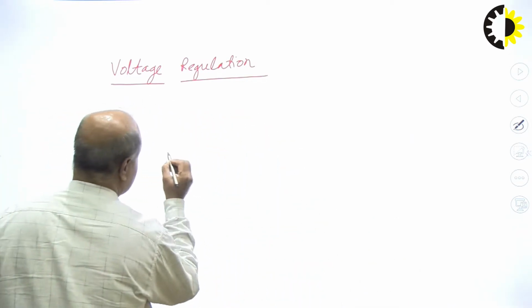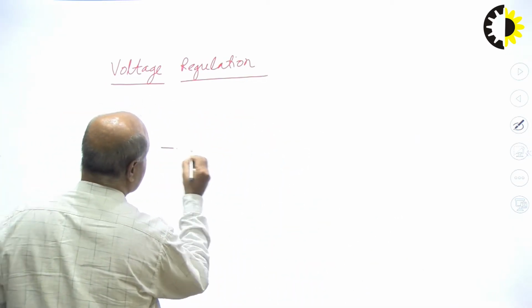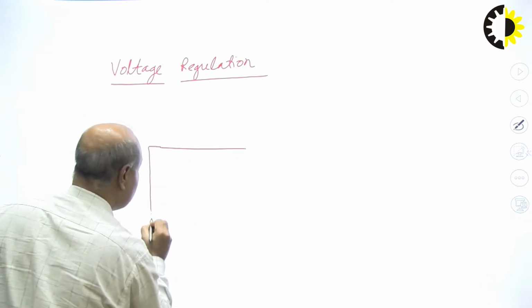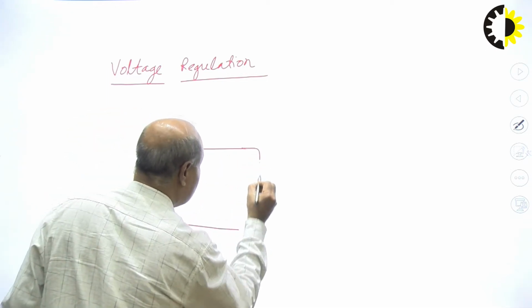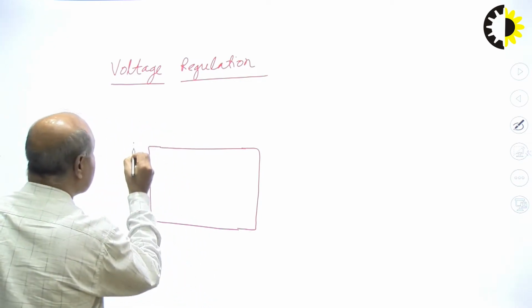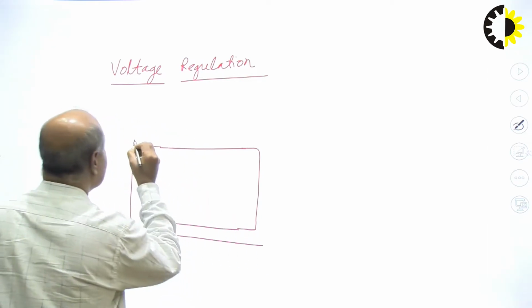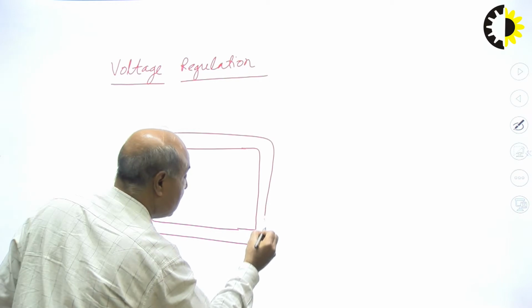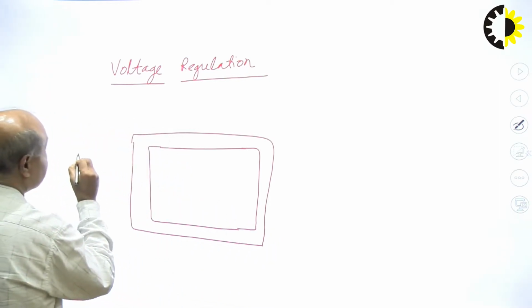Suppose our transformer schematic is, this is our core, and on the core we have our primary winding.